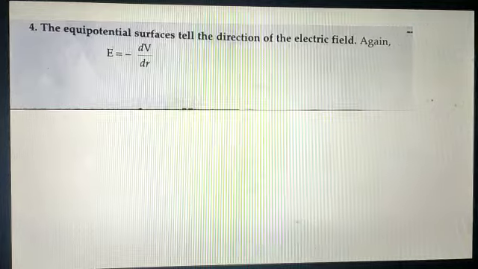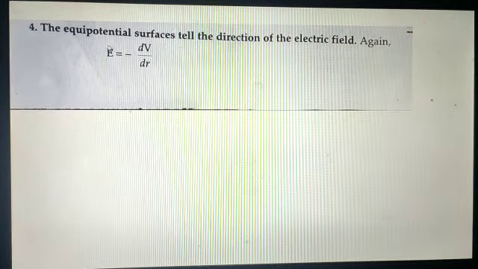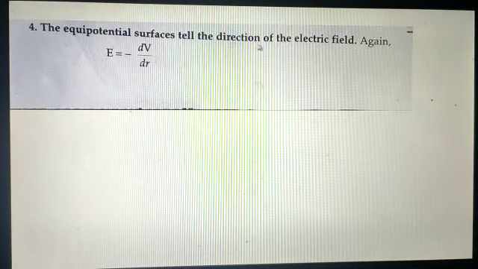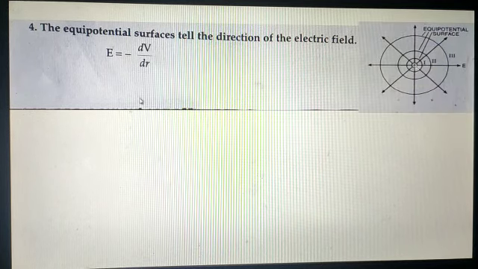Now the next point is that the electric potential tells the direction of electric field. We consider the formula here, E is equal to minus dV by dr. The negative sign here shows that the direction of electric field will be such that in that direction the potential decreases.